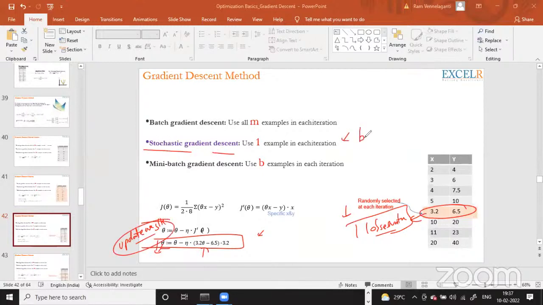When you are programming this logic in Python, you can say batch size is equal to 1. When batch size is equal to 1, you are only considering one observation, and therefore it becomes a stochastic gradient descent model that you are trying to build.